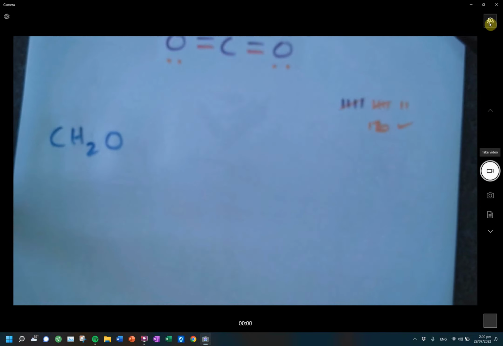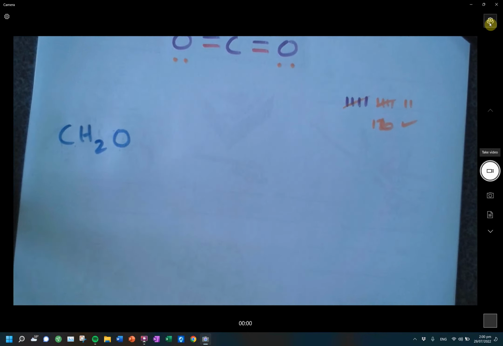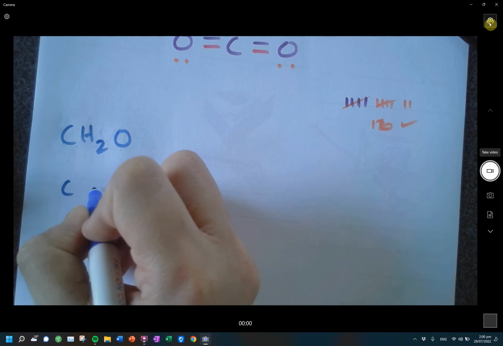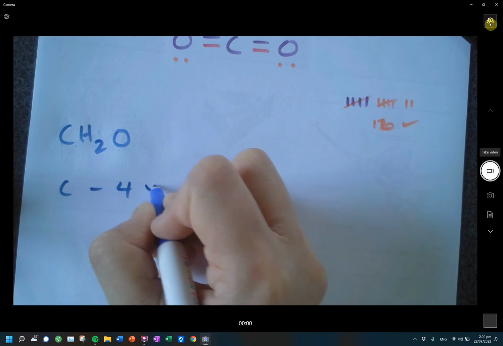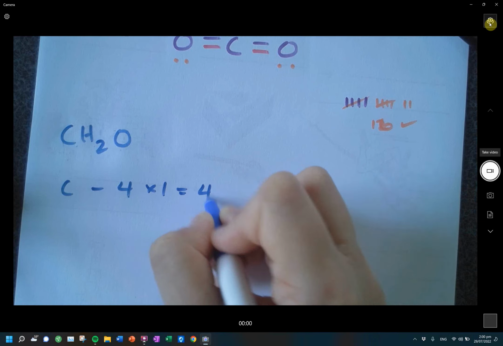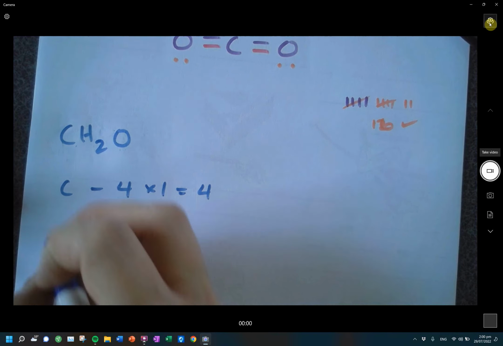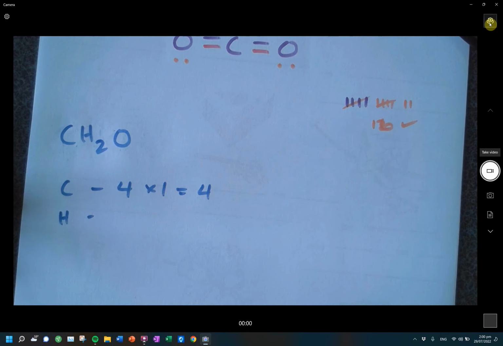All right. So again, we do the same process that we did before. Go through, count the number of atoms, count how many electrons they're providing. So carbon provides 4. There's only one of it, so there's 4 electrons coming from the carbon. Hydrogen on the periodic table is in group 1, so it only provides 1 electron.